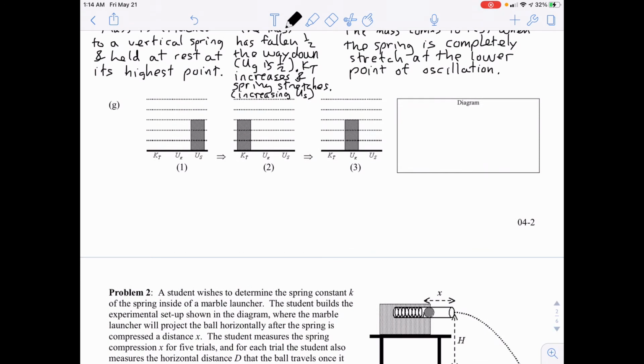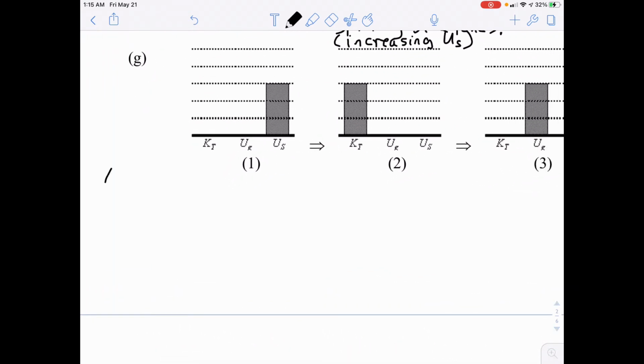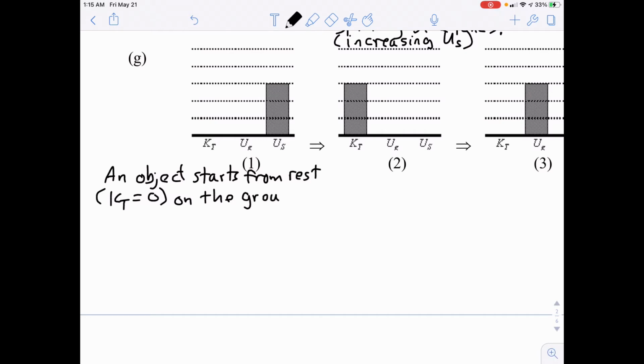In part G, we're starting with spring energy. You're starting from rest, no kinetic energy, and you're starting at the lowest point. You're starting on the ground. So let's translate that bar graph into words. An object starts from rest, because we know KT equals 0, on the ground.